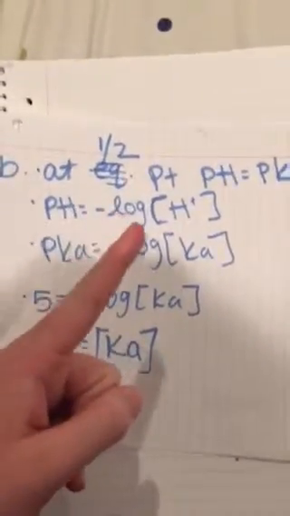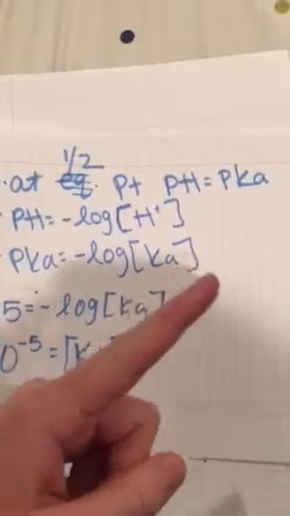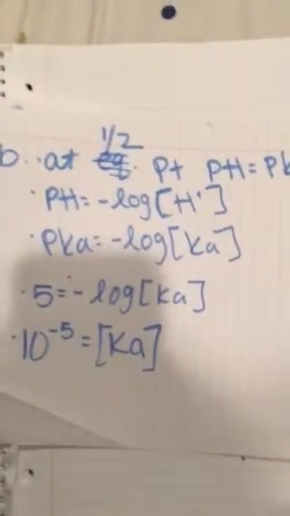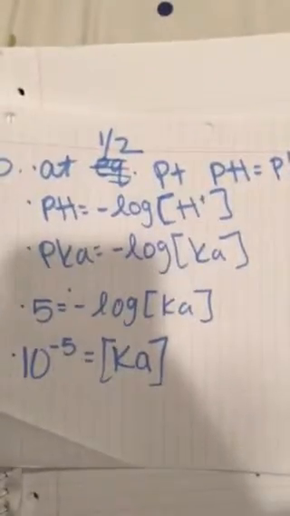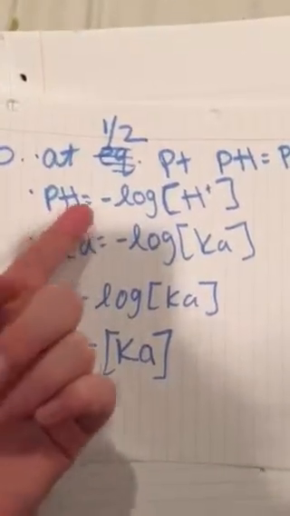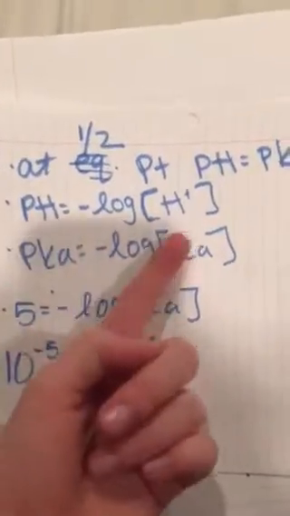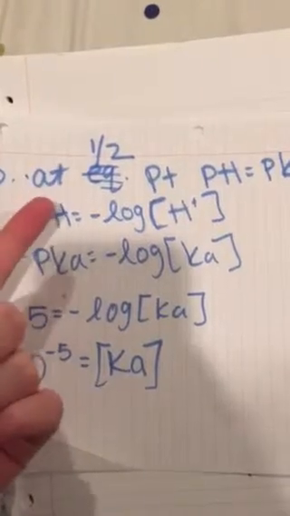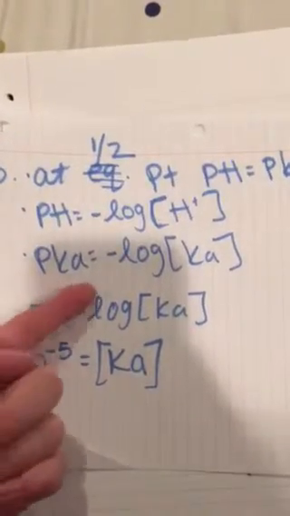So you look at the halfway point where pH equals pKa. The pH is the negative log of the concentration of H plus, so you can find the pH here, or you can do the pKa at that point, since they're the same.